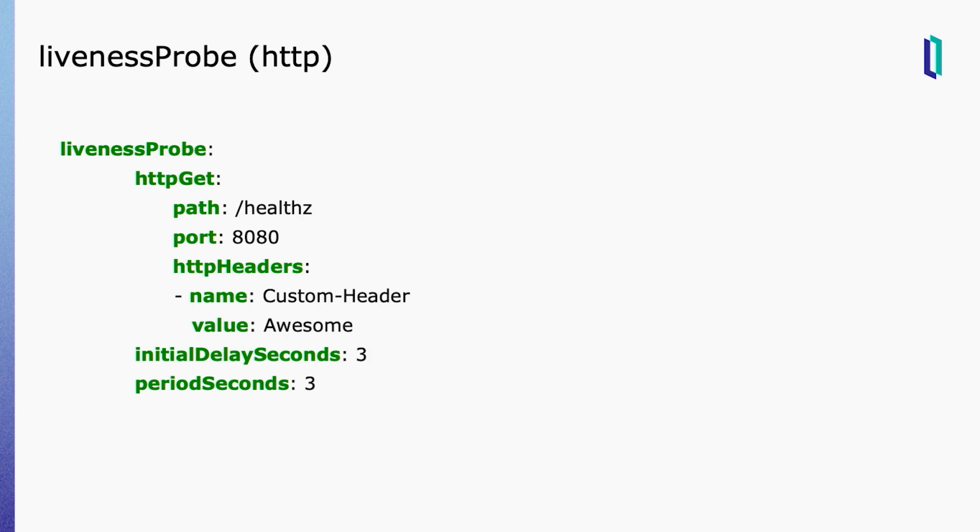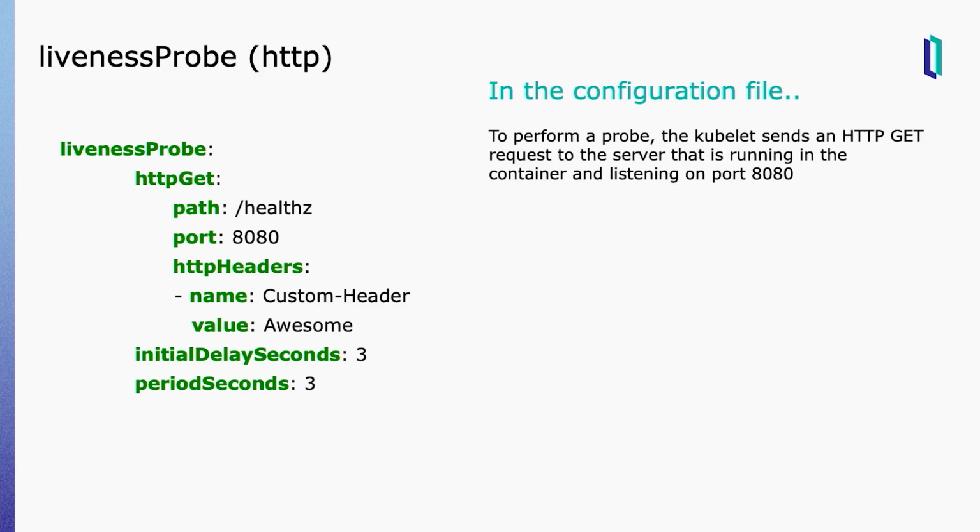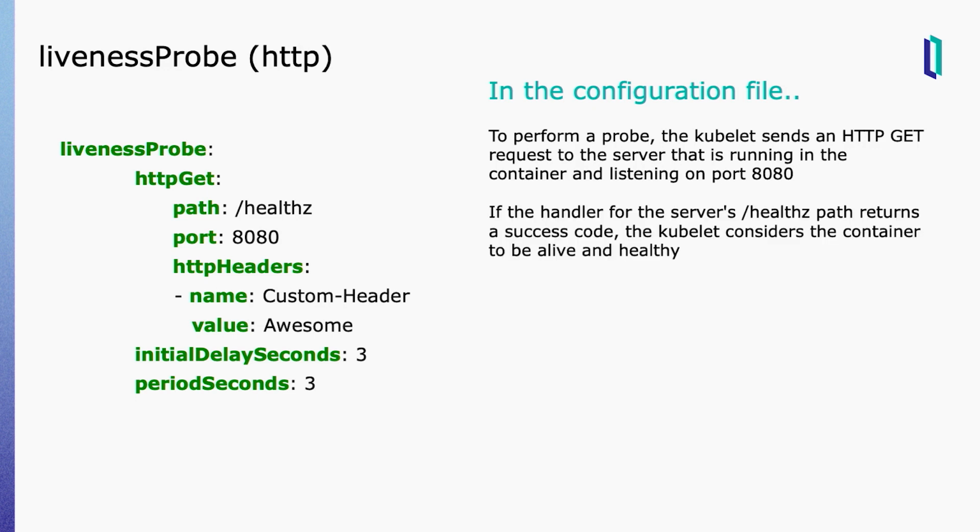The liveness probe, as I mentioned, has a number of different forms. That was the command. You can also run it as an HTTP request. In the configuration file in this instance, it will send an HTTP GET to your container. This time, instead of returning a 0, it'll return, I think, 200 to 399 typically.